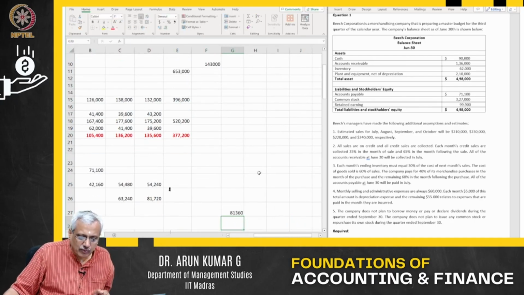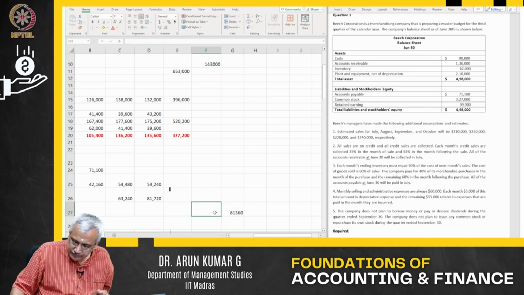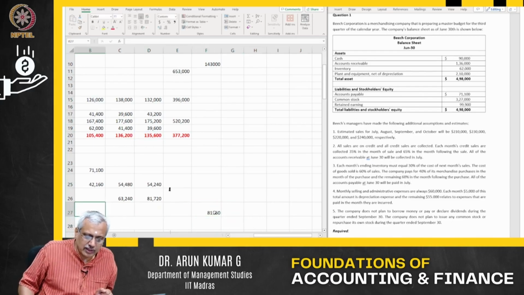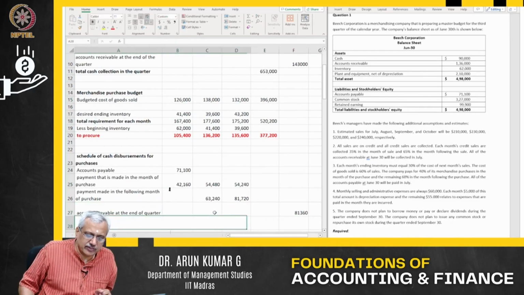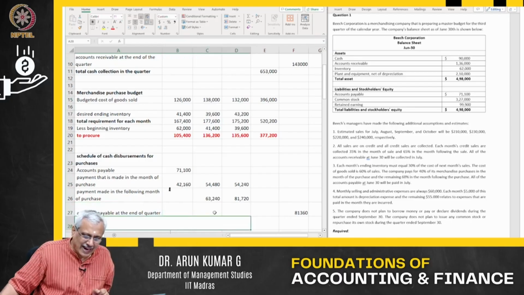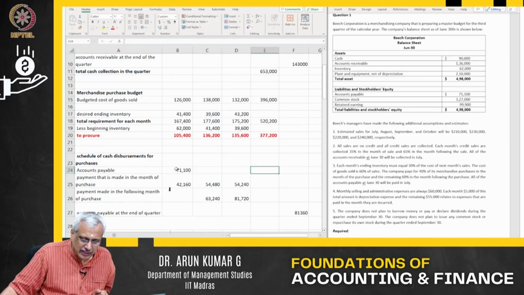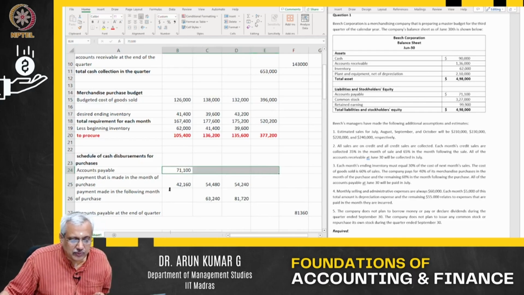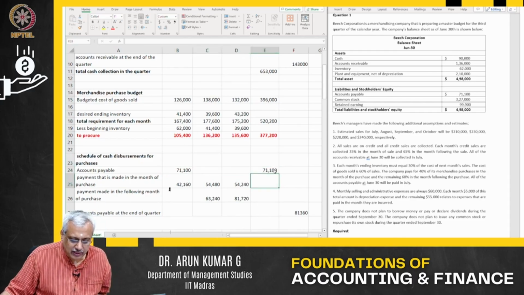Sorry, I should have done it here. 60% of it is what I am yet to pay, and this is the accounts payable for the end of the quarter. So, what is the cash dispersed at the end of the quarter? I am just going to total this.